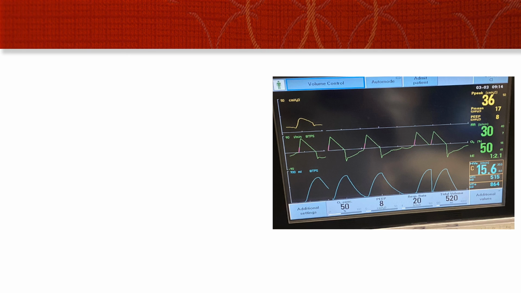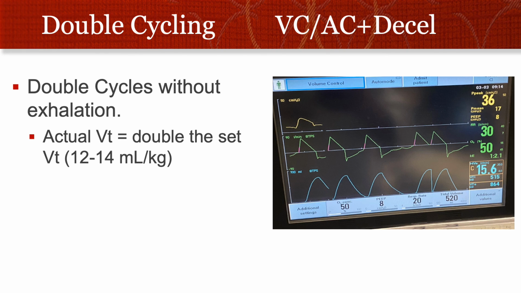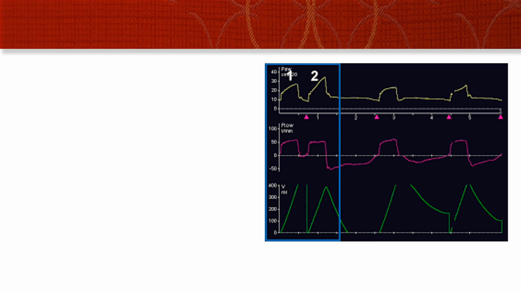And the patient, anytime they trigger the vent in a volume control mode, will get the set volume that you've picked, in this case, 520 milliliters, over the set amount of time that you've picked, or the I time. And in this case, I don't see any exhalation between the breaths. And so this tidal volume is really over 1 liter, which is quite dangerous. This is a patient that is double cycling prior to exhaling at all. That's a very risky event.